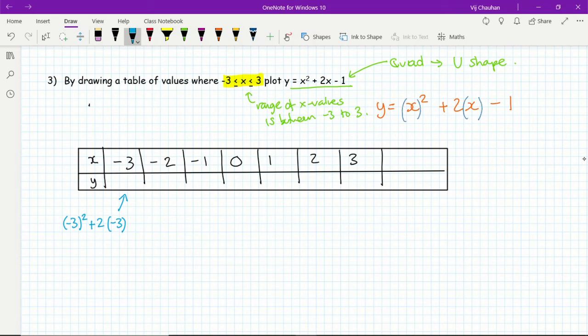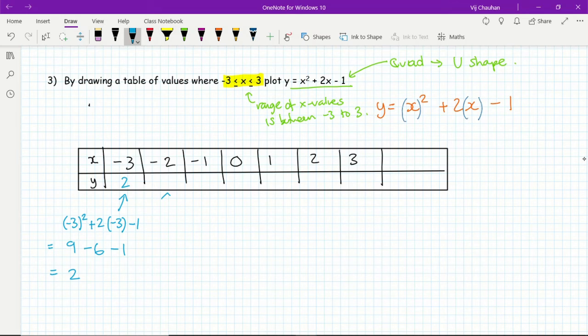Now if I work this out on a calculator, I would enter this exactly how it is. If I'm doing it by non-calculator method, it makes it a lot easier for me to break this up. So -3 squared is 9. Plus 2 times -3 is -6. Take away 1. And if I work that out, I've got 9 take away 6, which is 3, take away 1, which is 2. So the correct number there is 2.